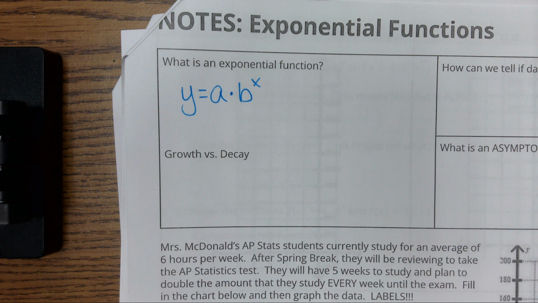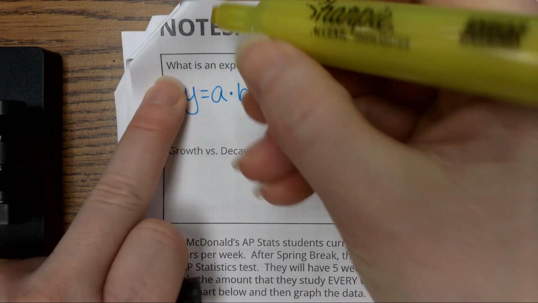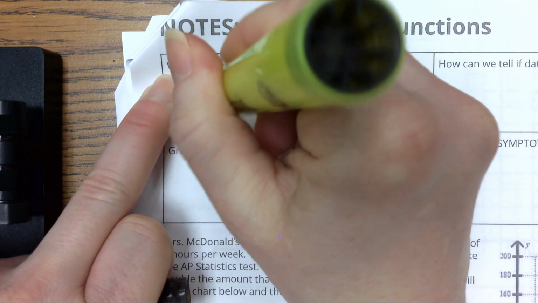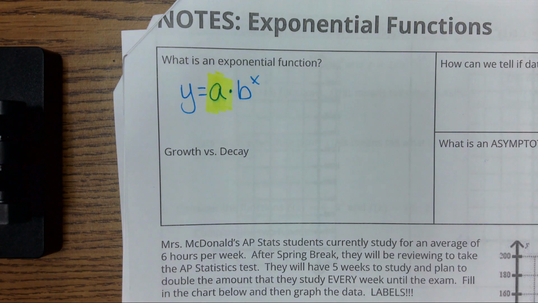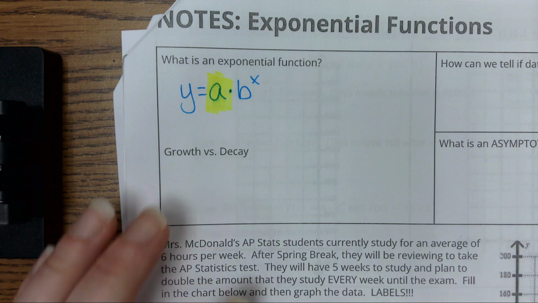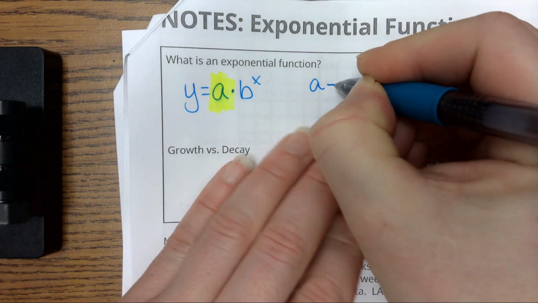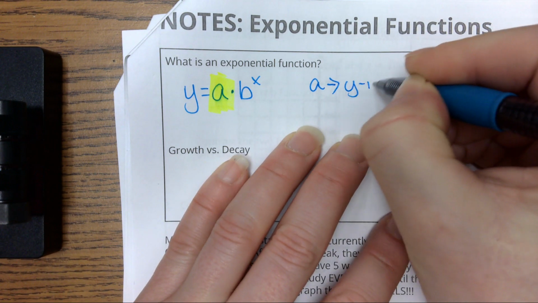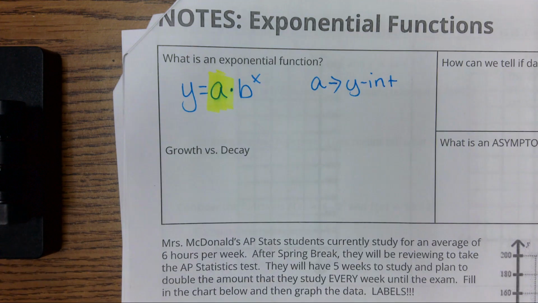That's not the case this time. But I will tell you that there is a y-intercept in the problem. Instead of b, it is a. Whatever that number is in front, a is what we call the y-intercept, which becomes important later on. It is the initial value.